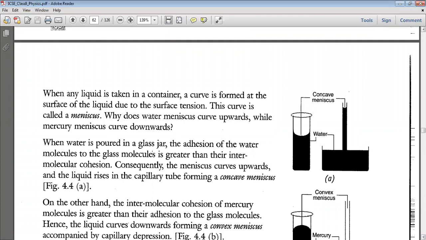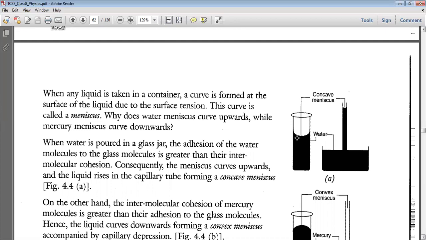So when water is poured in a glass jar, you see that the adhesive force of water is greater than the cohesive force. Therefore, the water molecules get more attracted near to the glass molecules.